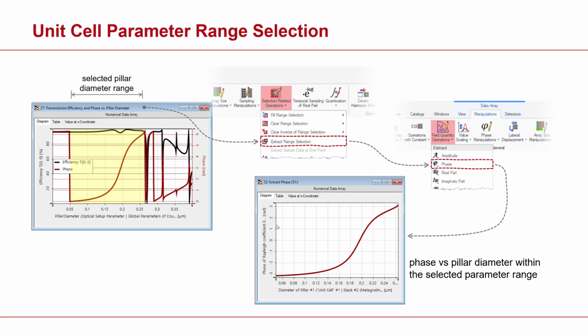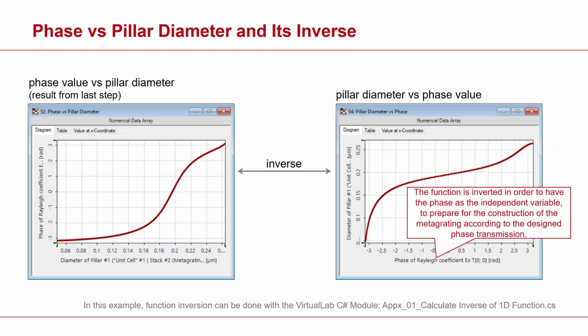So we extract this part, we see some screenshots from the user interface of VirtualLab Fusion, and we use a module that is a programmable feature in VirtualLab Fusion to invert this curve so that instead of phase as a function of pillar diameter, we have pillar diameter as a function of phase.